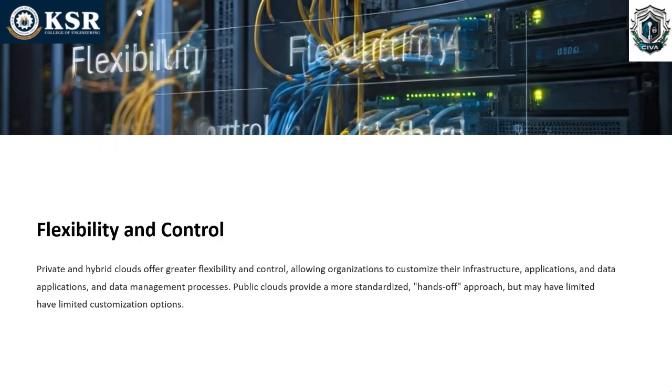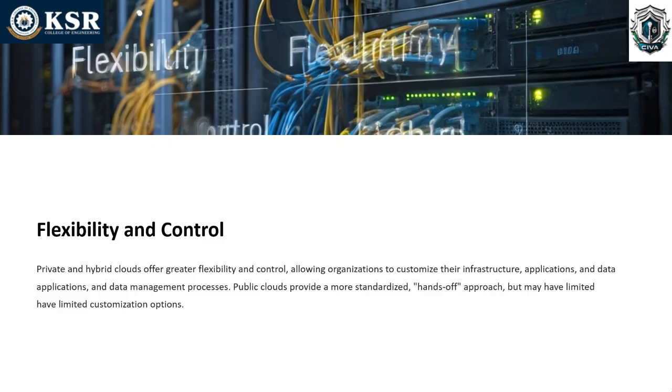Flexibility and control. Private and hybrid clouds give the organization greater control over how the data and applications are managed. Public clouds, on the other hand, are more standardized and managed by the service provider. In simple words, with a private cloud, you are the boss.